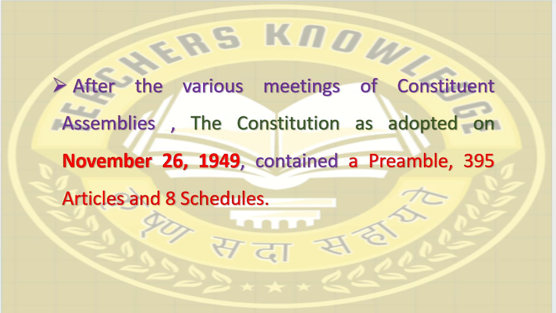The Constitution of India was finally adopted on 26th November 1949, and it contained a preamble, 395 articles and 8 schedules initially. This is a most important point.